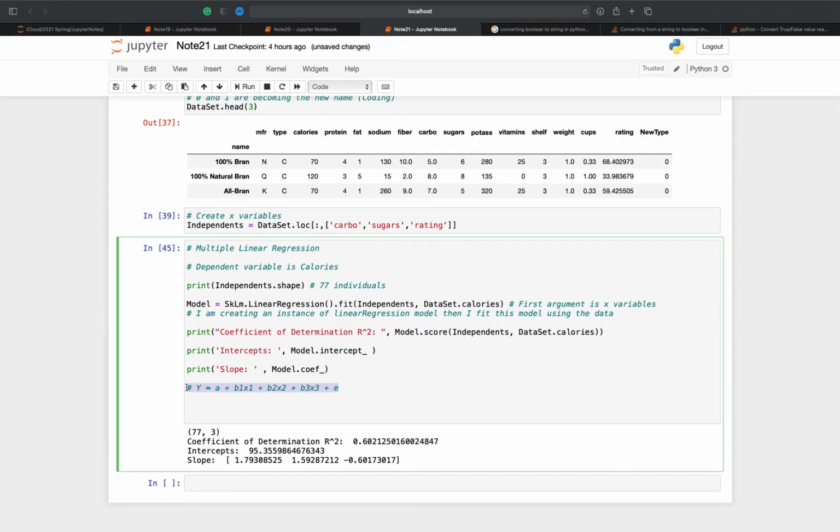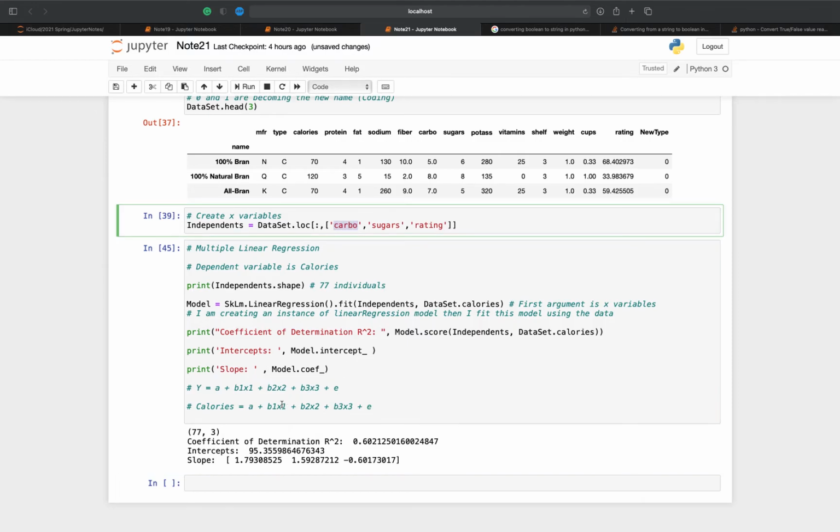Okay, so let me write this down based on our study. So calories is y, carb is x1, so I'm going to multiply by carb, and then sugar is x2, multiply by sugar, x3 is rating. Now you see what's going on.